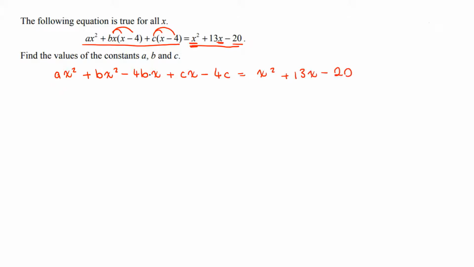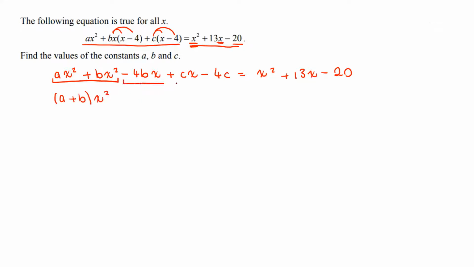Now that looks nowhere near looking like a coefficient with an x squared, an x, and a normal number. So what we're going to have to do is group all the x squareds together, all the x's together, and all the normal numbers together. In this case, we can see that the two x squareds are next to each other, so I can factor out x squared from both of them, and I'm going to be left with (a plus b) x squared.